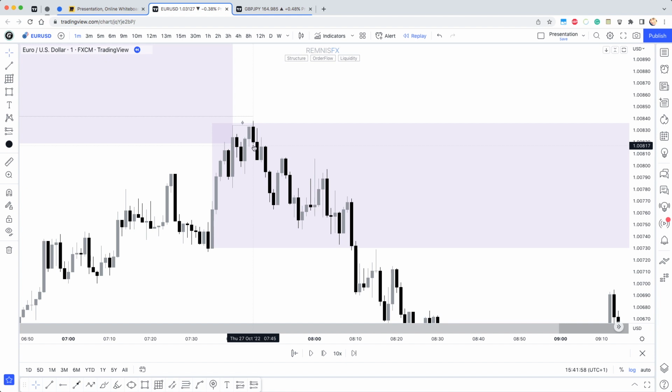So what you could have done is you could have entered from this candle here, okay? Let me mark it out correct. This candle, yeah, the black one, not the gray one, sorry guys, but the black one, okay?